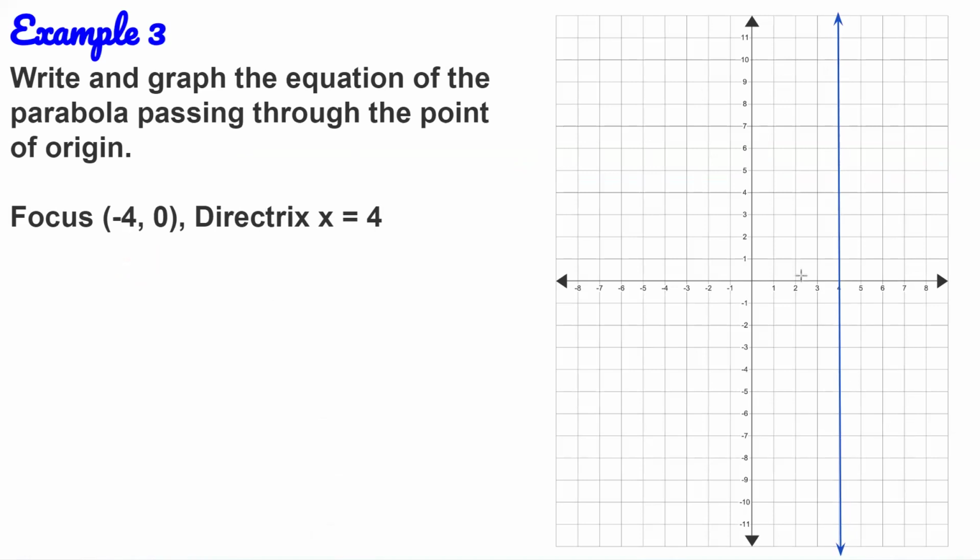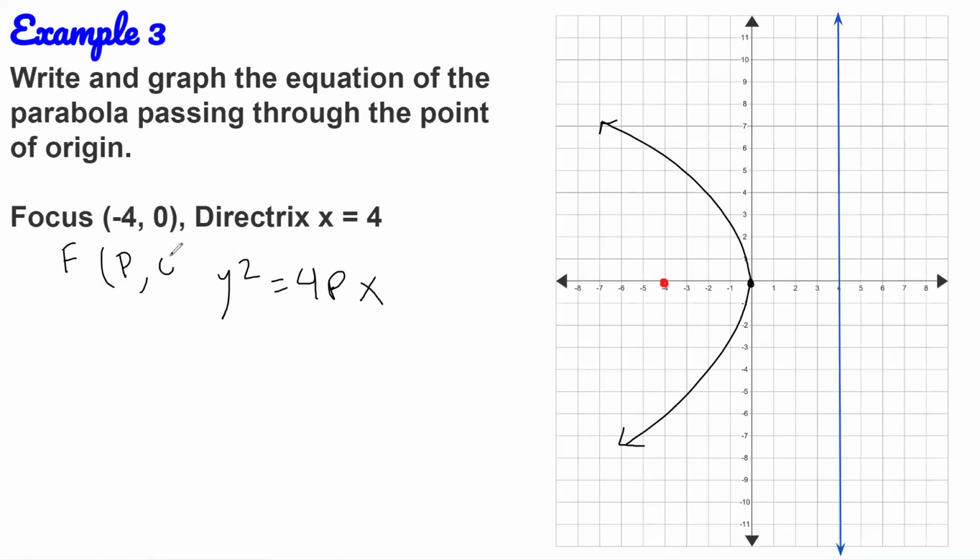And here is my focus at -4, 0. Again, my vertex is at 0, 0. This one is going to open towards the left. In this case, instead of using x squared, we're going to use y squared equals 4px, sorry, 4px. My focus is going to be at p and 0.